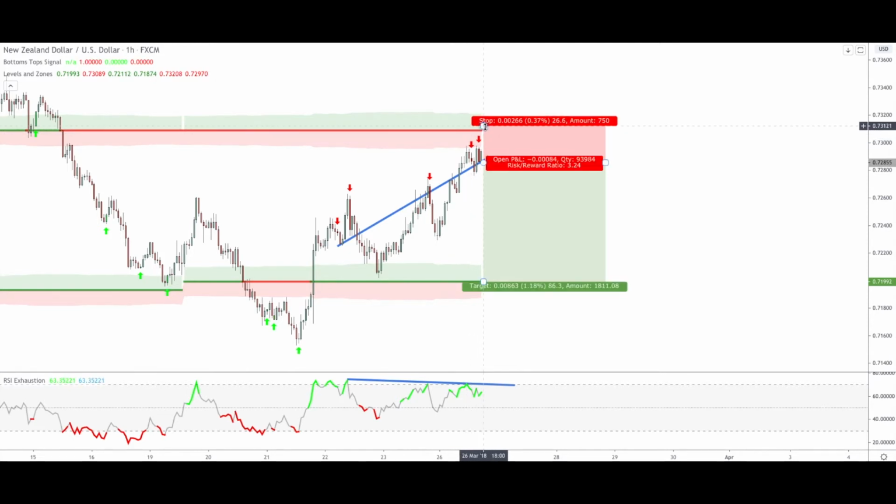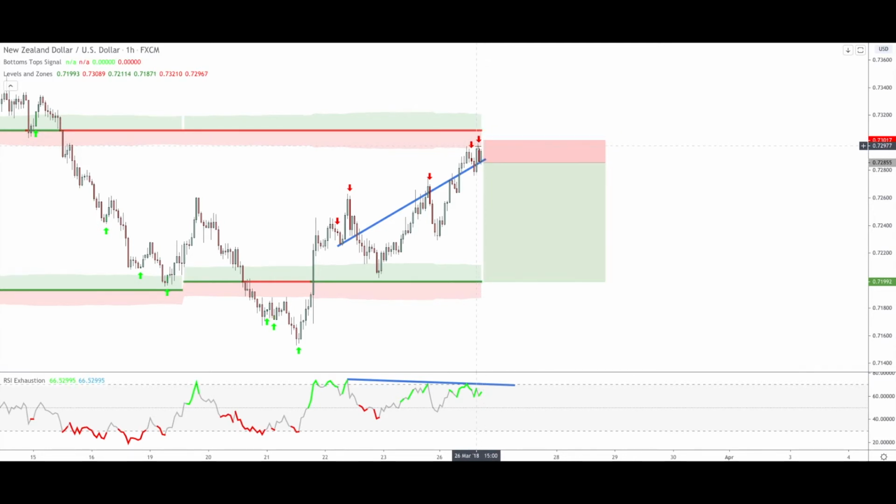If then you want to be super aggressive, you can just set the stop loss down here, because you are basically giving a bit more room to go in addition to the most recent high point here. So the most recent highest level is this one.